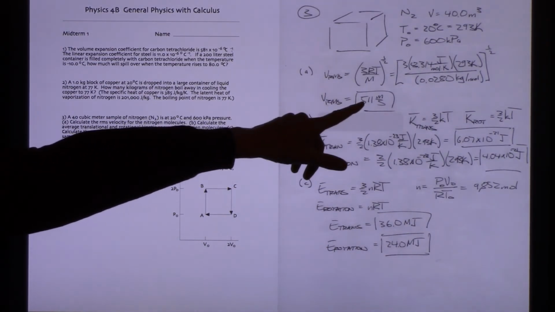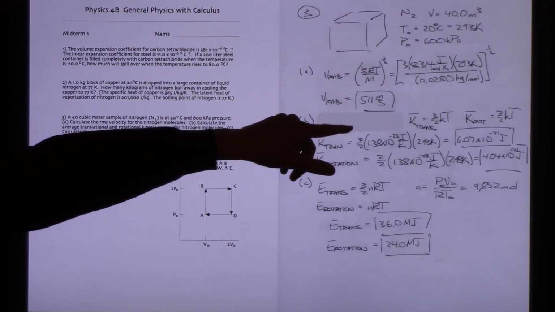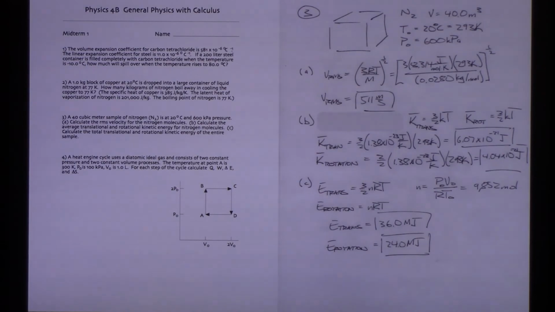So when I calculated all that, I ended up with a VRMS of 511 meters per second. Now I think this is even one of the examples that we had during lecture, 511 meters per second for room temperature nitrogen molecules.